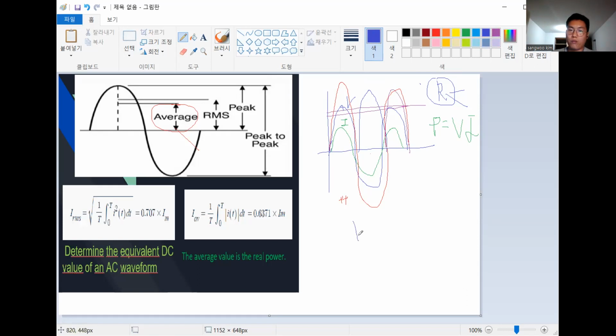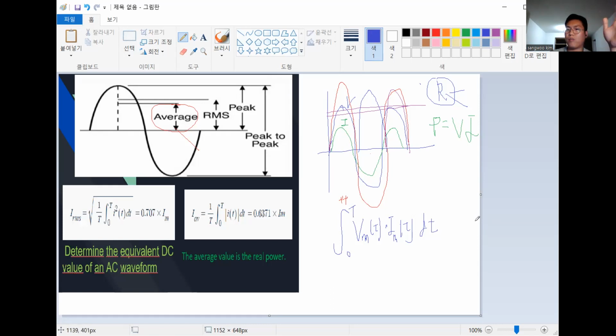So what I mean is V times I. This is the maximum value, the peak point, okay? And then we do integral calculus. You actually don't need to know about it. I just want to explain in case some of you are interested in what it means.